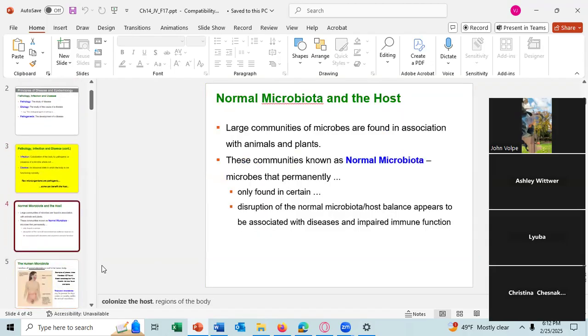All right, let's talk a little bit about the normal microbiota. It establishes a relationship with its host. There are large communities of microbes found in association with all animals and plants.